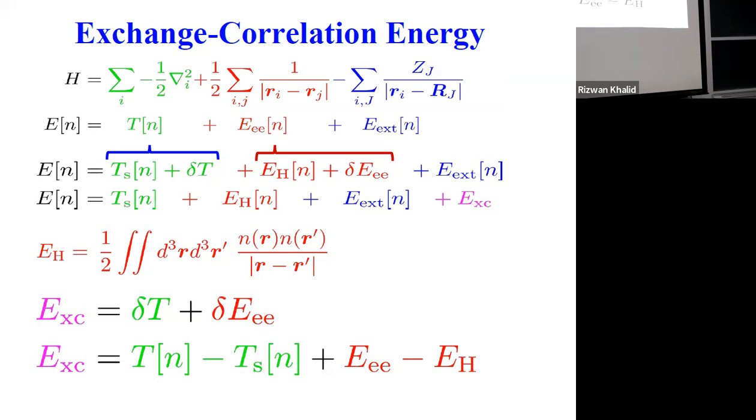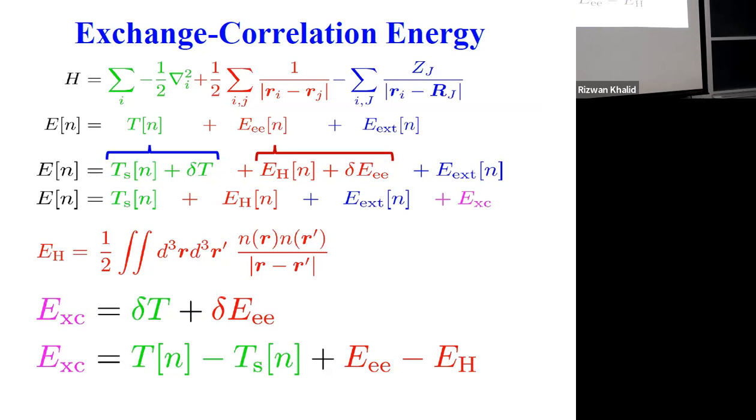Electron density at r, electron density at r prime, over the separation |r minus r prime|, and integrate it. And this 1/2 avoids double counting. This integral double counts the Coulomb repulsion between different points. So this is actually the Coulomb repulsion law written in terms of the density: charge of the first particle times charge of the second particle over the separation between the particles. So it's the same thing.